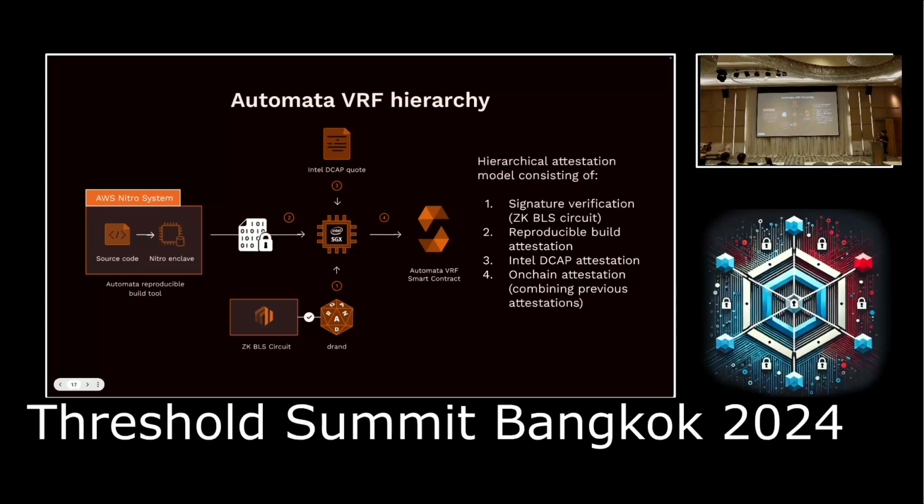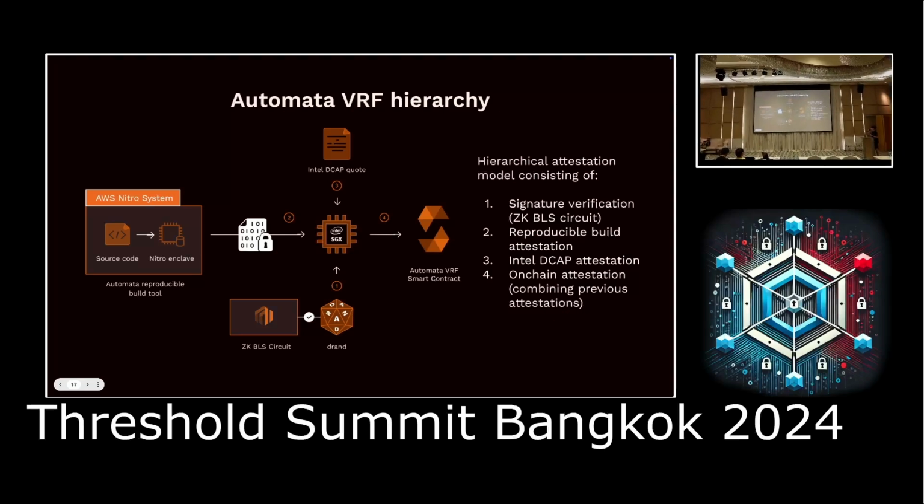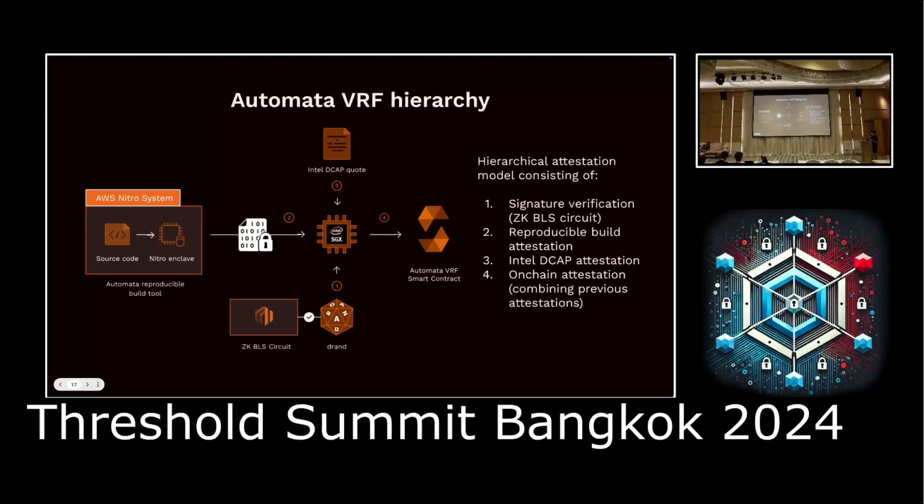And the third one is the Intel DCAP attestation. This is an attestation protocol to ensure the hardware requirement, which means by using this attestation, we can convince others that everything is running inside Intel hardware, especially Intel SGX or Intel TDX.